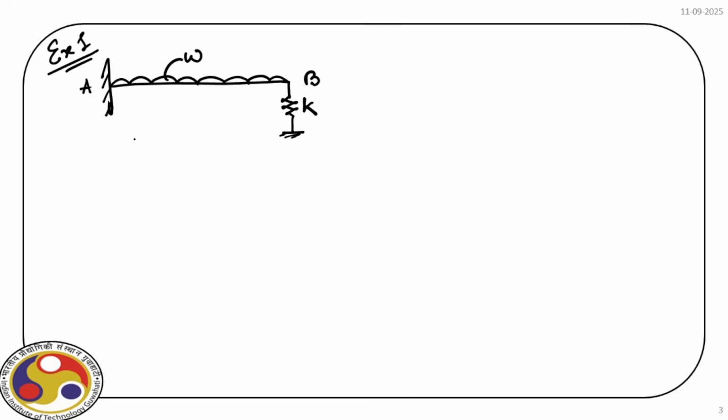Now you can imagine if there is no spring and we allow the beam to deflect, obviously it will deflect at the free end due to this UDL and this is the delta.